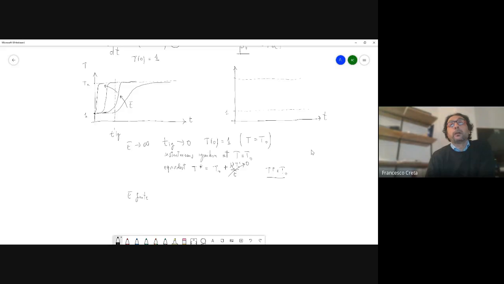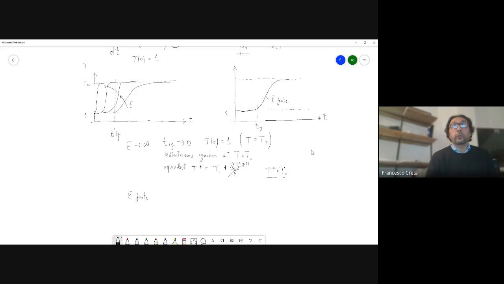Well, if E is finite, we still have this situation here, with an ignition time. So this is E finite, and we keep this value of E. What can we do here?